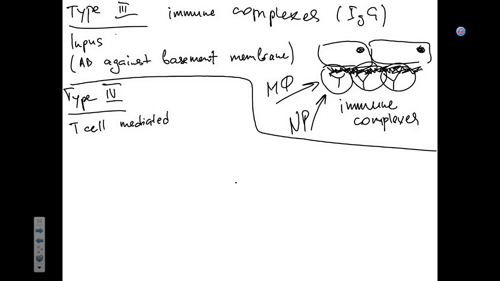And among T cells, we know two populations. We just learned it today. CD4 and CD8. And one of these populations is helper, and another one is killer.